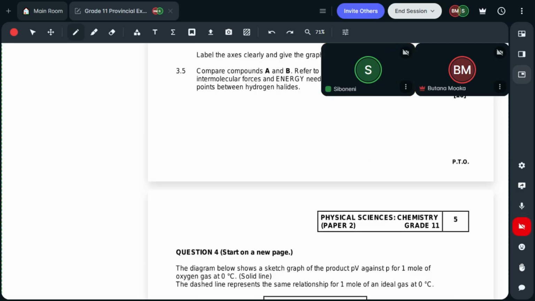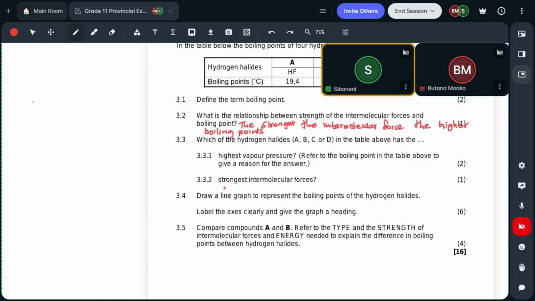Do you know what a closed system is? No. Vapor pressure is the pressure that is exerted by vapor when we reach equilibrium. It can be in solid or in liquid, but whatever we are doing, it should be inside a closed system. The vapor pressure will help you to indicate the liquid's tendency to evaporate.